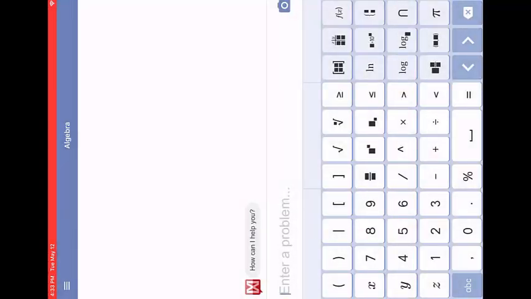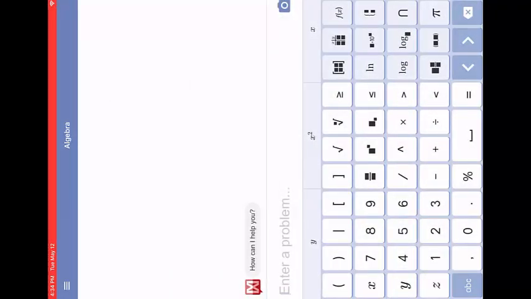Okay, let's see if this will change. I don't think I have this locked. Maybe this is only for iPhone. No, I don't have my screen locked. Looks like it's only for the iPhone screen, not the iPad.